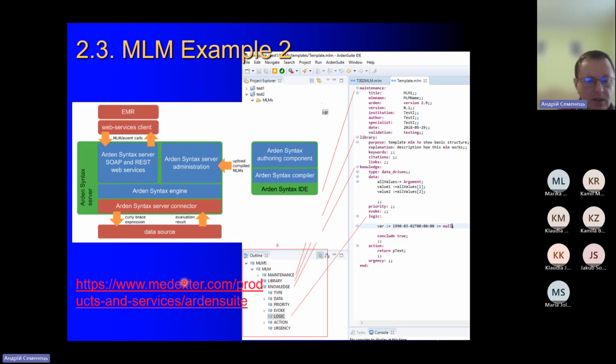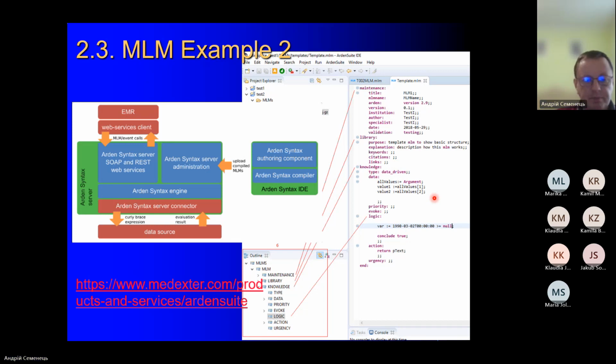Unfortunately, this one is not free software and requires a license. And as you can see, of course, we are talking about an integrated development environment, a development tool which even requires some specific programming knowledge. And here is another example of an MLM and its development.